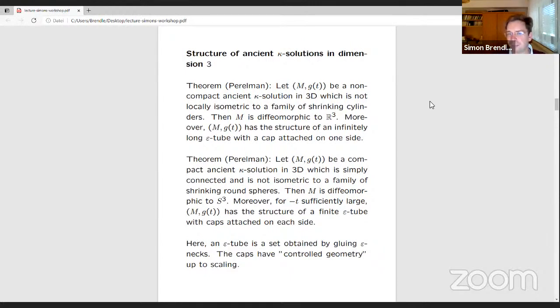And then this tube is capped off by a cap, and the cap is basically understood to be the exceptional set of all points that don't lie on an epsilon neck. And so basically, the smaller you choose epsilon, the larger this exceptional set becomes, and the larger this cap becomes.